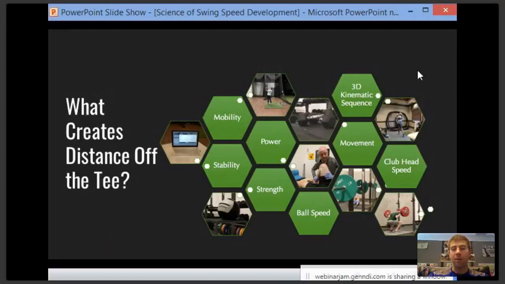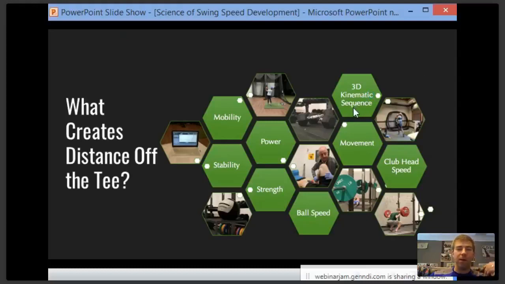In the technical world, there's your attack angle, and you can start talking about lots of other things you can do to adjust and affect ball speed, launch angle, angle of descent, those sorts of things. Obviously, equipment plays a big role in terms of what ball you're using and the shafts that you're using. So there's lots of different elements that contribute to what actually is creating distance. We'll cover all of those today.